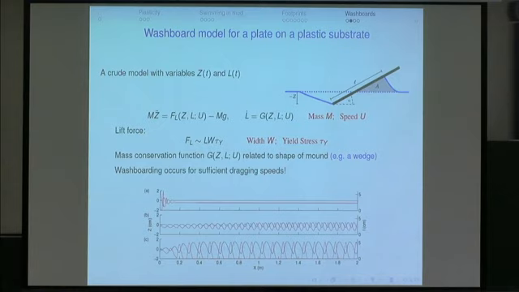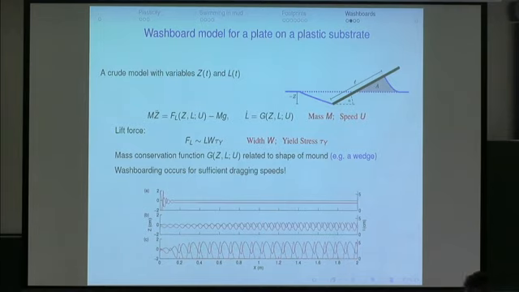You can assume that it's a triangular wedge or something, and then balance the inflow and outflow of mass. You then can come up with a formula which tells you how the contact length evolves, given some function which depends upon the depth of penetration, the contact length, and the speed. So there's a lift force and some conservation of mass function that you can put into this pair of ODEs to explore washboarding.